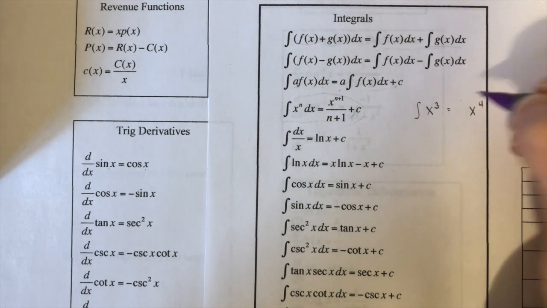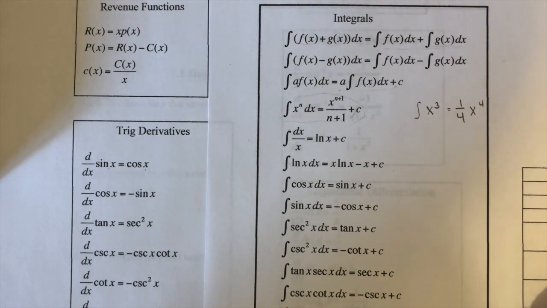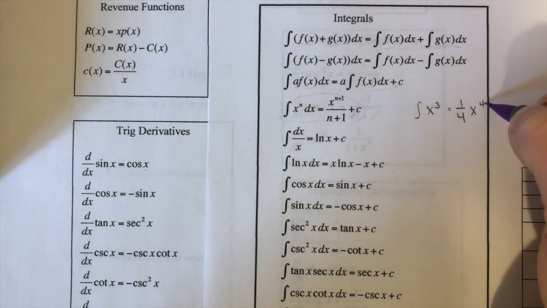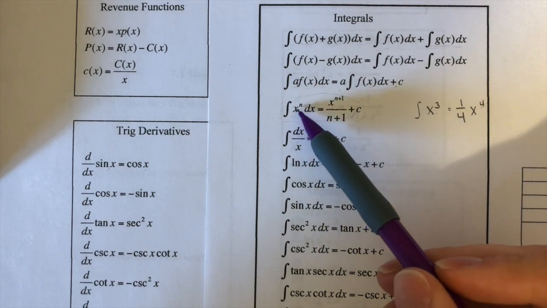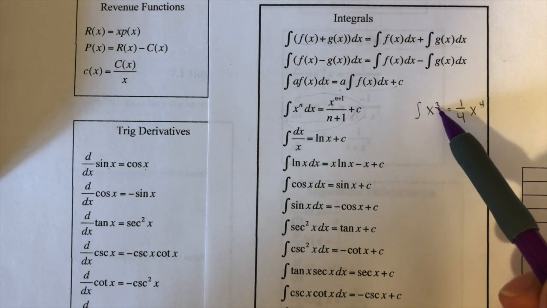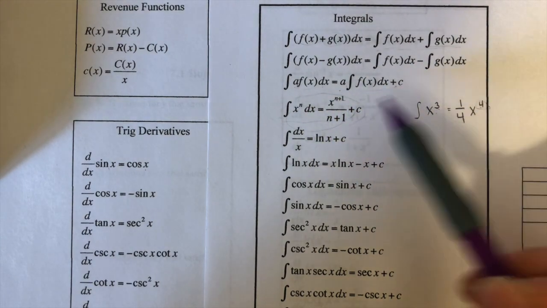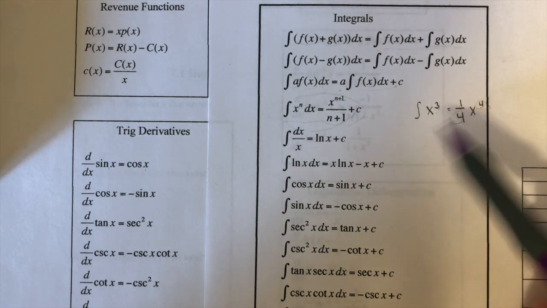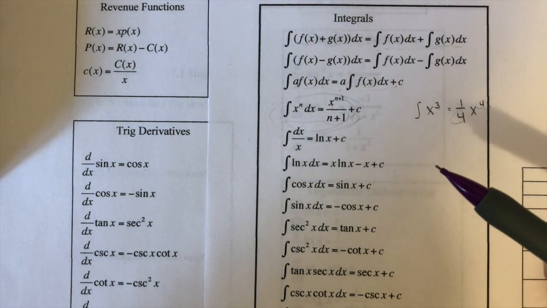And then we would say, okay, if this turned into that, it must have had a 1/4, so that when the 4 dropped down, it would multiply with that 1/4, and then this would turn into a 3. So notice how this fits this rule. The integral of x to the n, in this case we chose n equals 3, is x to the n plus 1, so 4, divided by n plus 1. There's the 4 as well. So this is the rule that we've been using without knowing that we were using it, okay?